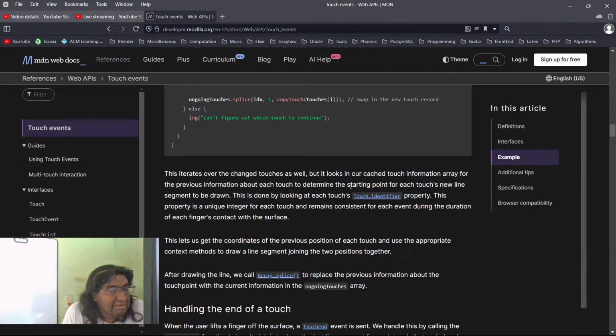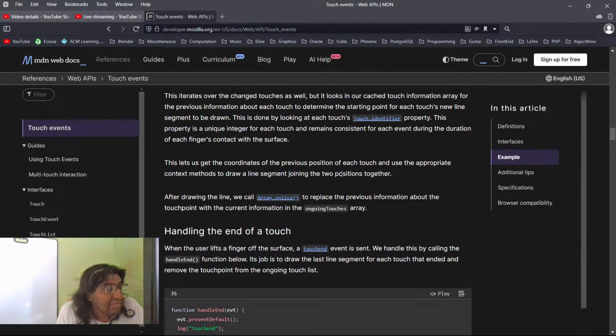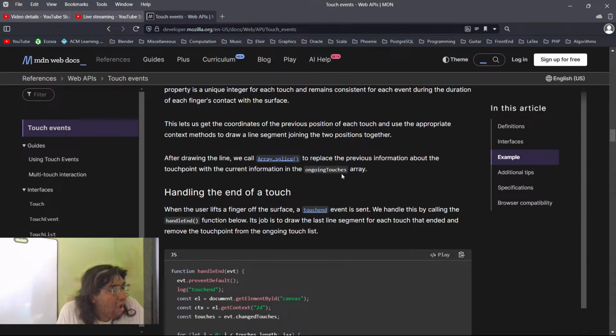Let's determine the line segment. Let's get the line of the previous position. After drawing the line, we replace the variable.